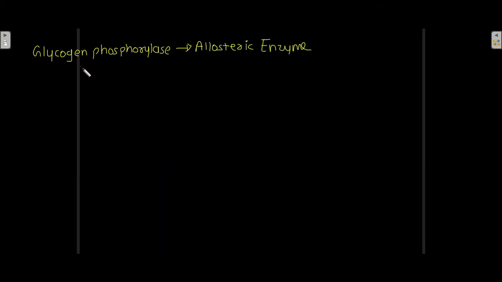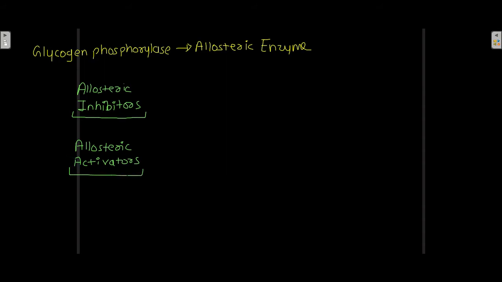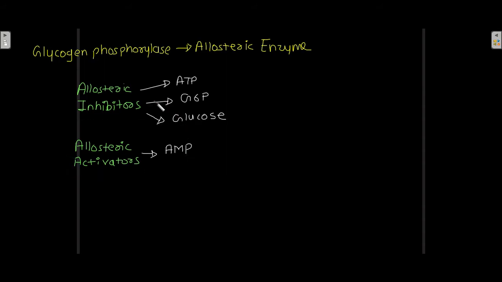Now this glycogen phosphorylase is an allosteric enzyme, and therefore it must have allosteric inhibitors and allosteric activators. ATP, glucose 6-phosphate and glucose are the allosteric inhibitors of glycogen phosphorylase, and AMP is the allosteric activator.